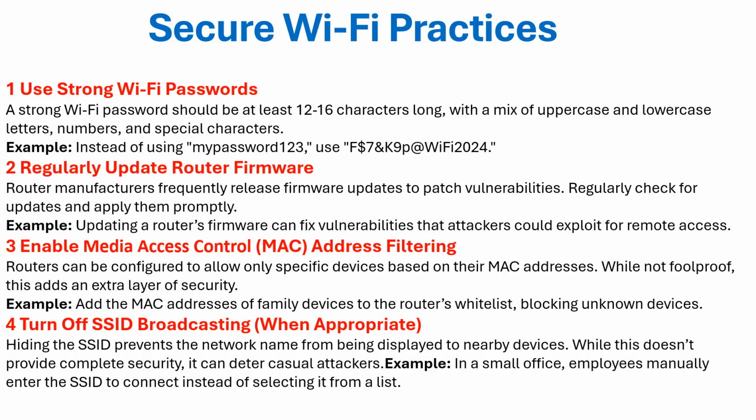One of them is to use strong Wi-Fi passwords. Set a password that is at least 12 to 16 characters long, with a mix of uppercase and lowercase letters, numbers, and sometimes special characters. For example, instead of using password123 or 01234568, use something complicated, like a capital F followed by a dollar sign.